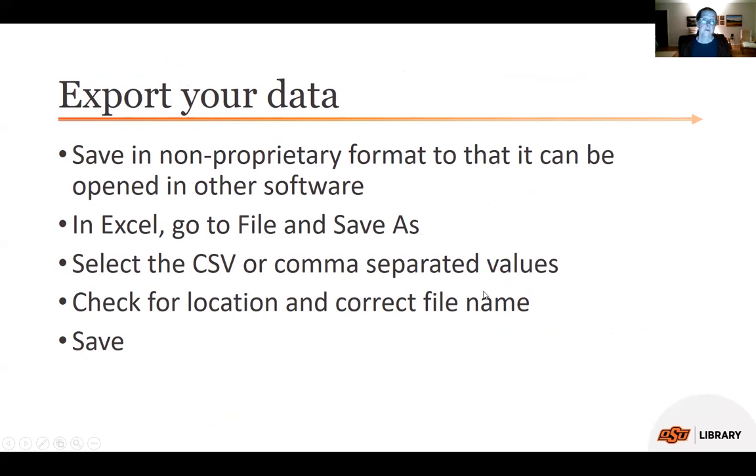It's very simple. In Excel, you choose File and Save As, and select CSV as the way that you save the file. You want to save it to the correct location and with a file name that allows you to find it later. And that's it. So one more time, let's go back to our spreadsheet.